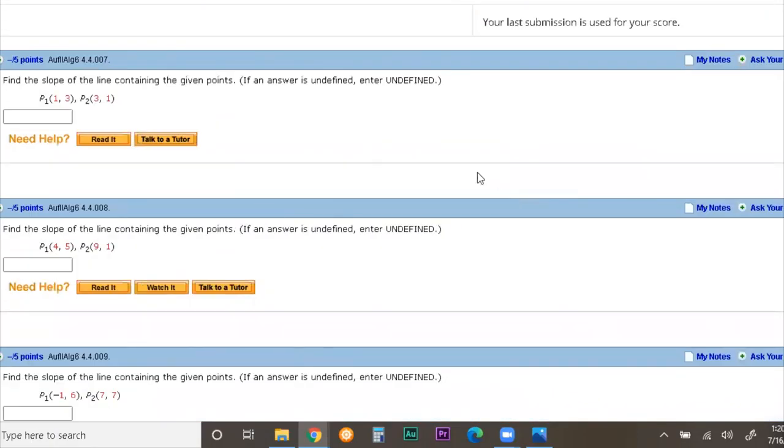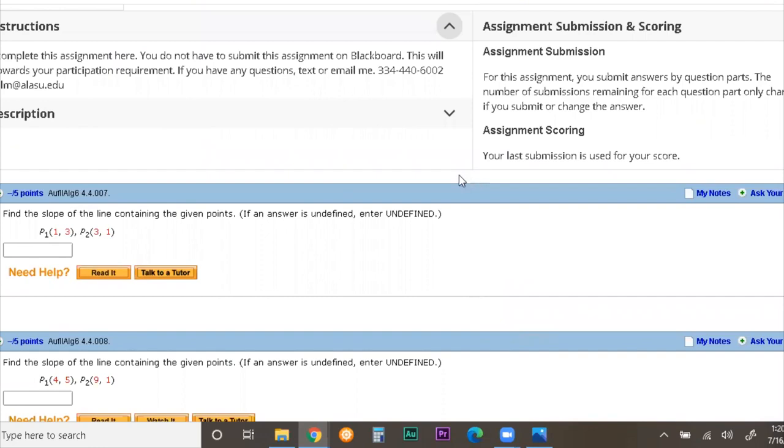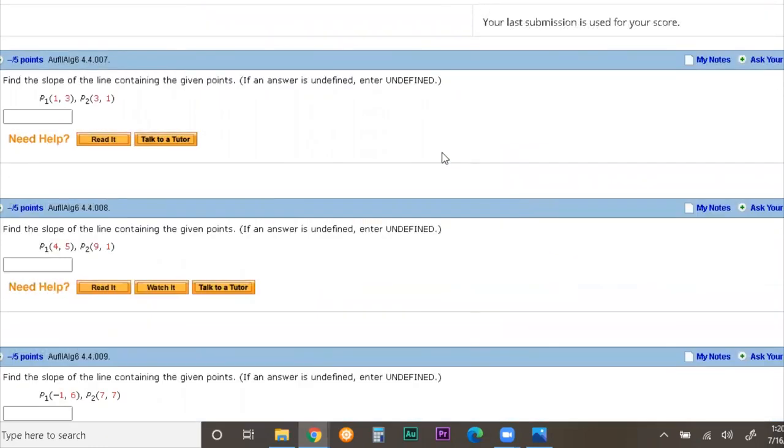So for objective 11, for number 1, we have to find the slope of the line containing the given points. When we have 2 points, one of the things we need to think about is the slope of that particular line.